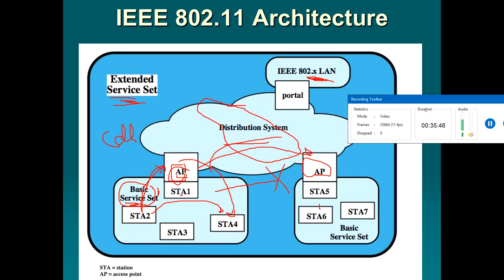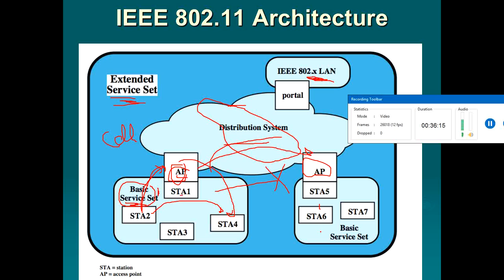Alright, so in this example we have certain stations, for example station 1, station 2, station 3, station 4, which belong to this basic service set, and 5, 6 and 7 belong to the other. Each station is within the wireless range of other stations within the same basic service set. It is also possible that two basic service sets overlap geographically so that a single station can participate in more than one basic service set.